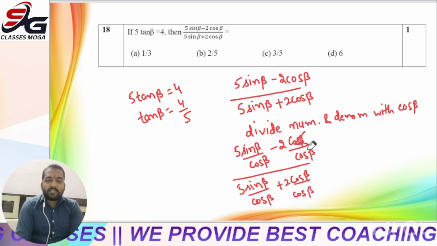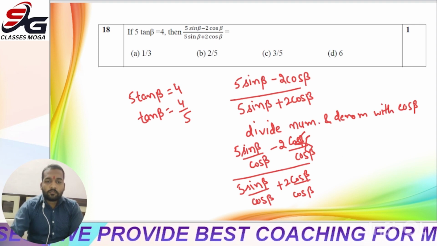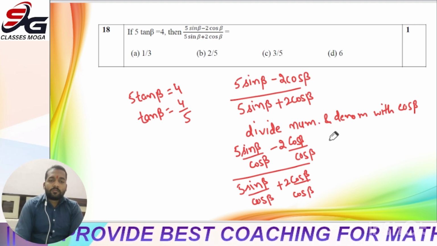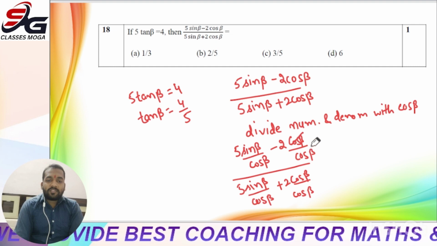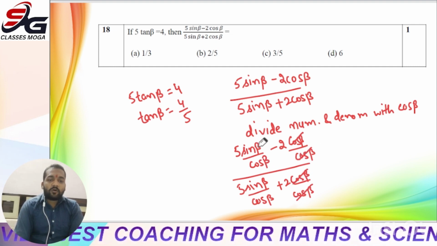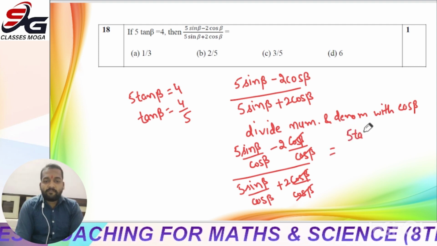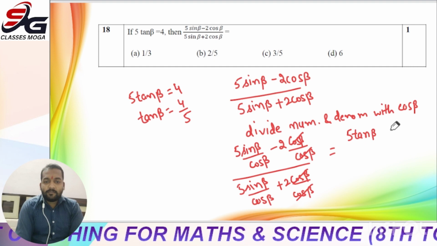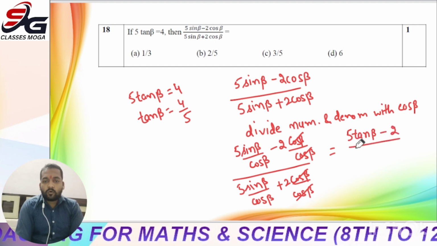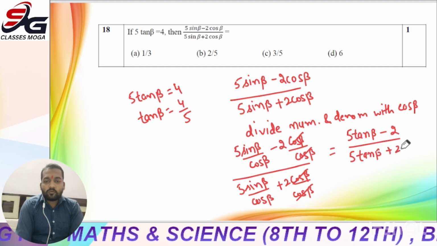So this cancels out. This is also cancelled out. Sin over cos becomes tan beta. So this is (5 tan beta minus 2) over (5 tan beta plus 2).